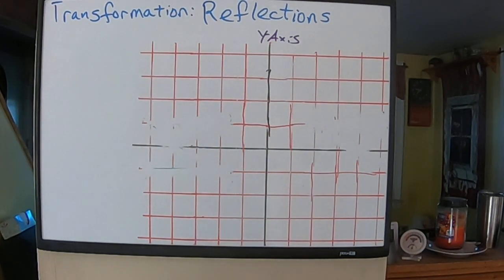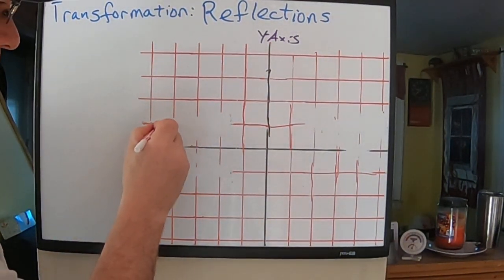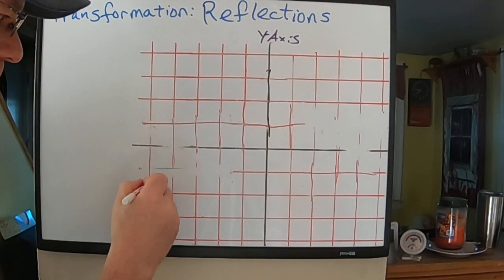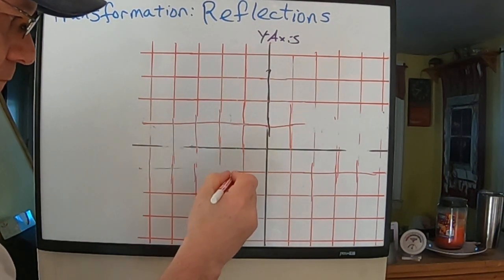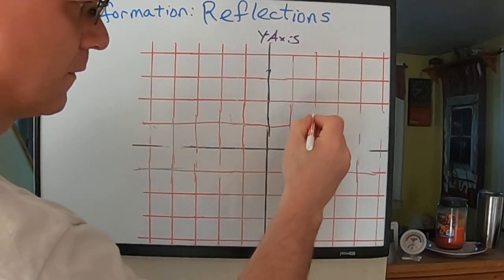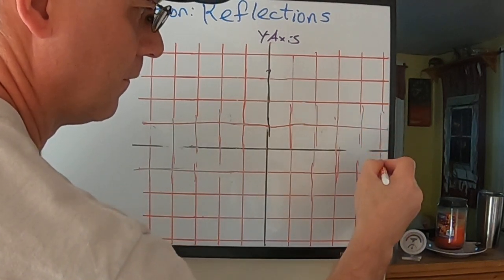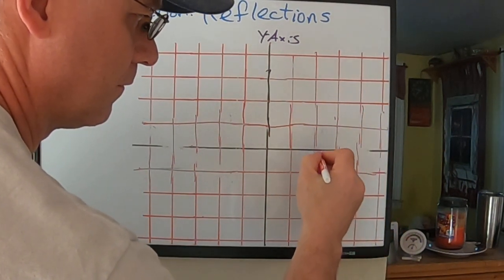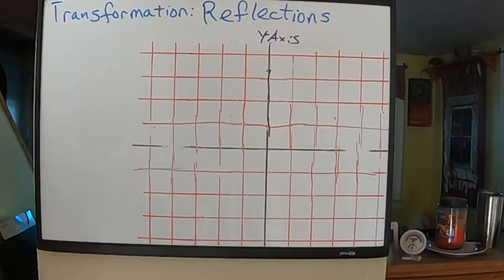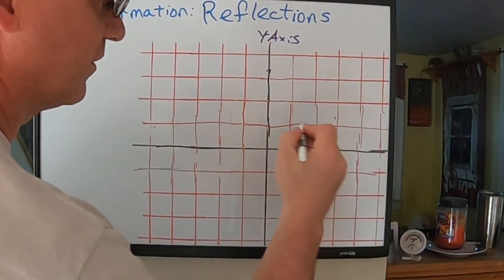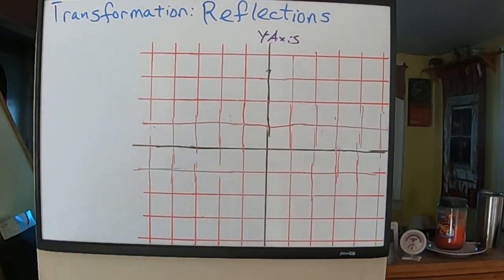All right. Now, this next one is across a particular line.